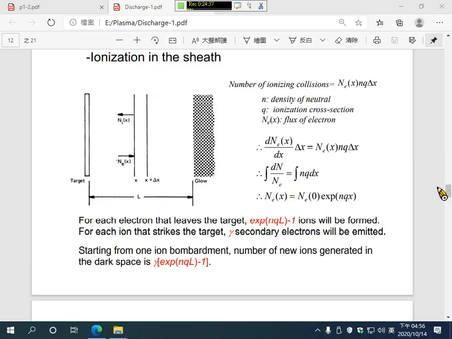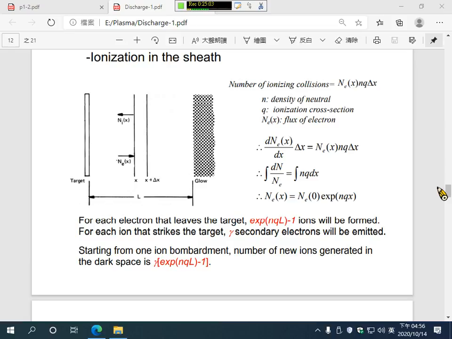So at the edge of the negative glow, we can calculate the number of newly increased electrons. It should be equal to this number minus 1, if at the beginning there's one electron coming out from the cathode surface.